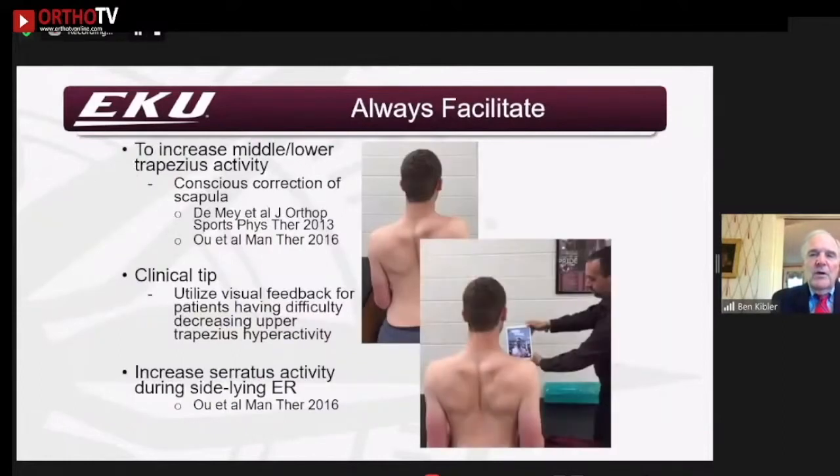We want to always facilitate, so you actually make sure you emphasize it in the right position. If you're not careful, you'll ask them to retract and they'll do it the wrong way. So you need to make sure that you facilitate and you key in the proper position of the scapula in retraction.